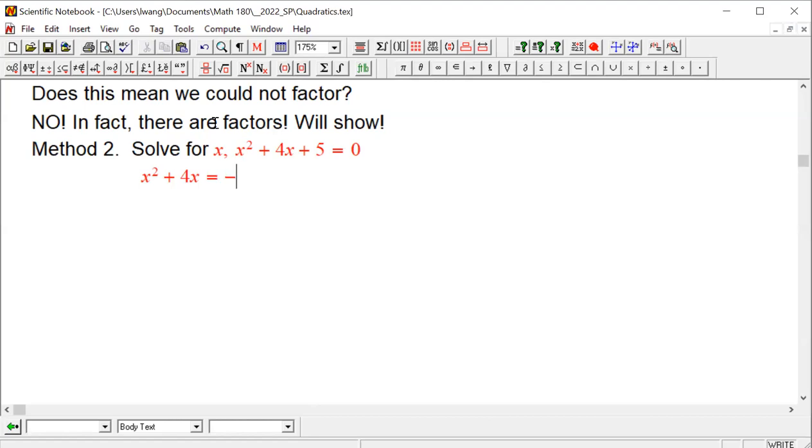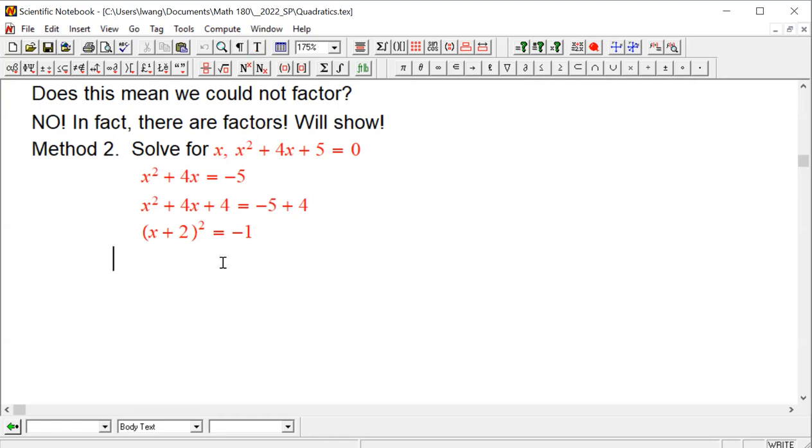Then we add the same number on both sides, 4 plus 4. And if you factor the left-hand side, you get x plus 2 squared. If you need to pause the video, go for it. And the right-hand side is -1.